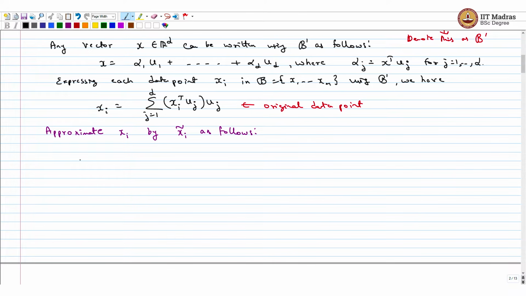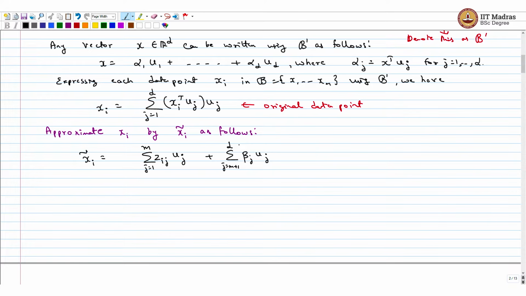What you do is, let's define xi tilde as summation j equals 1 to m, we'll split this into some terms up to m and something beyond. Now I'll call this zij. These coefficients are something that I need to figure out. This beta j, so j equals m plus 1 to d.